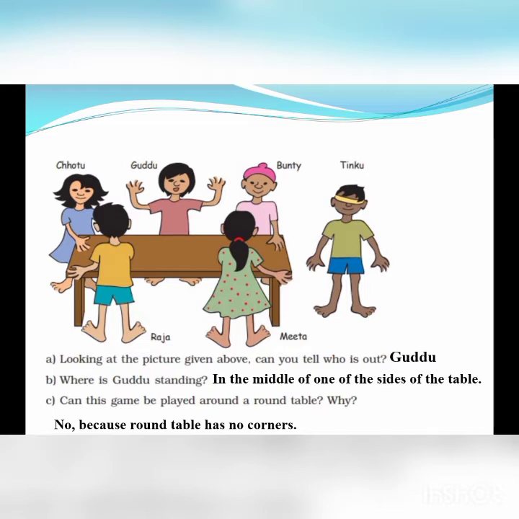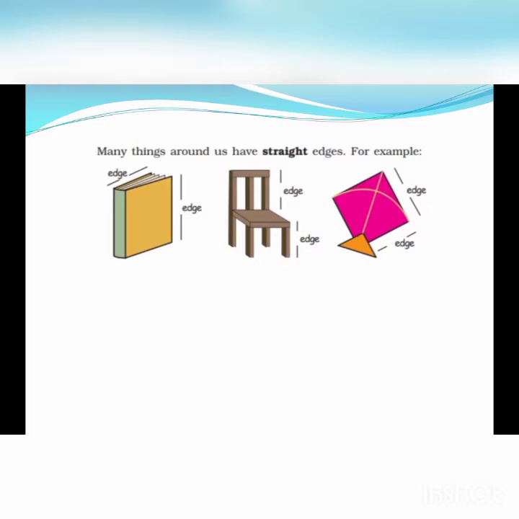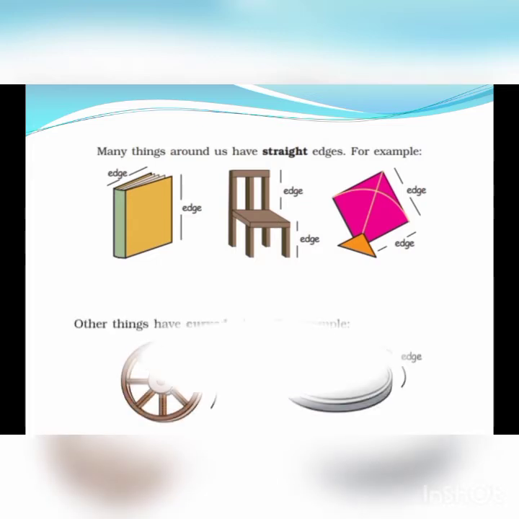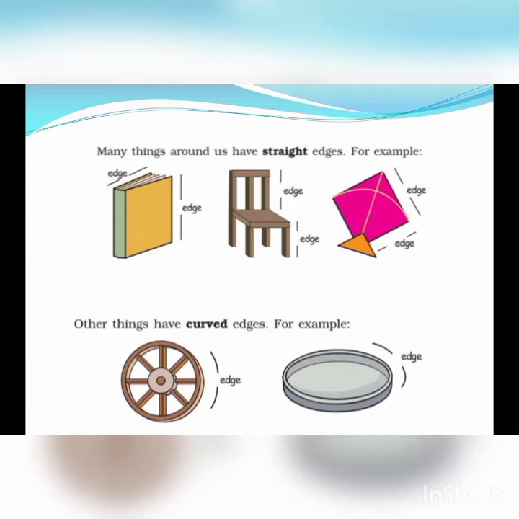Yes. Many things around us have straight edges. For example, book, chair, kite, etc. Similarly, other things have curved edges. For example, wheel, rounded dish, etc.